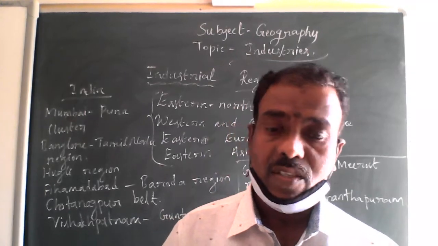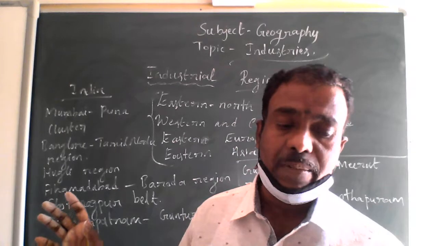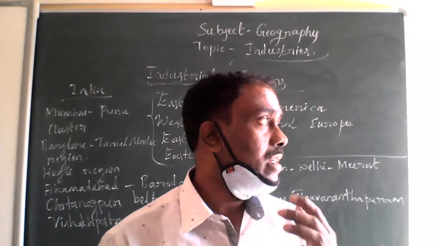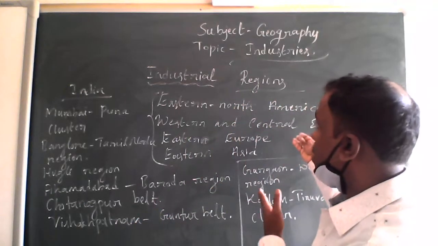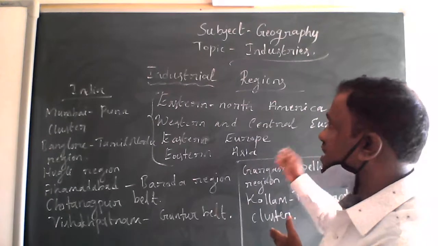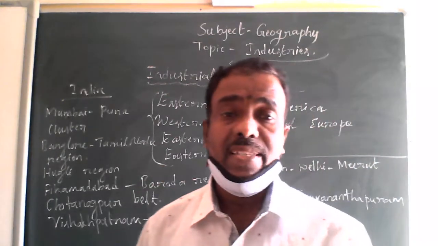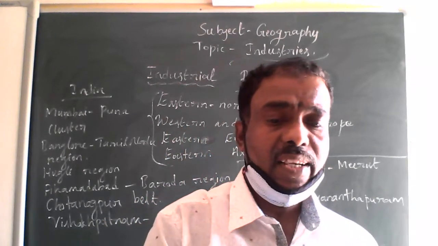Like this, throughout the world we can see industries are established in different regions. Especially these are the world's major industrial regions, and these are India's major industrial regions. Getting now?